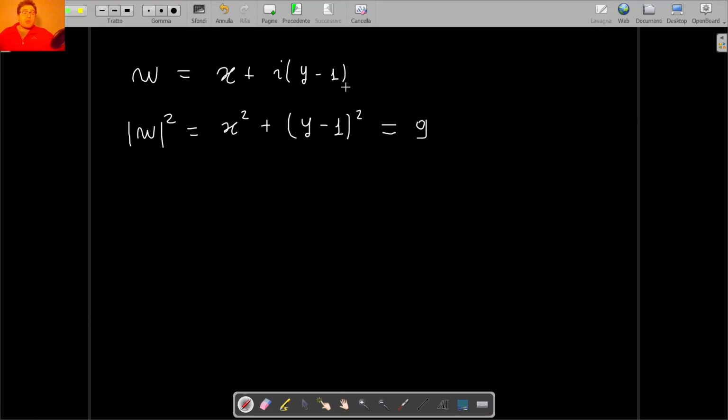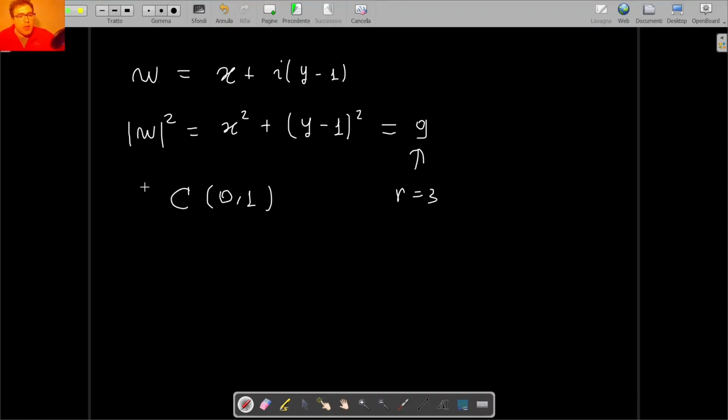From elementary geometry we remember that this is nothing but the equation of a circumference of radius r equal to 3 and center, which is codified in this expression, (0, 1). So this is the center of our circumference.